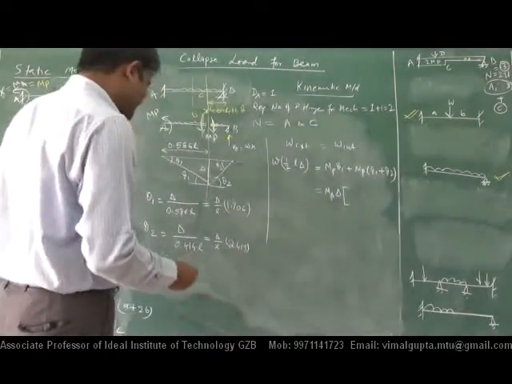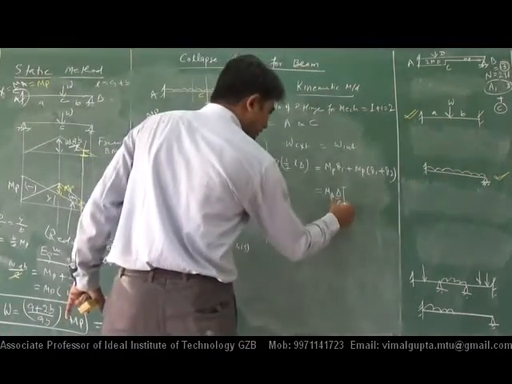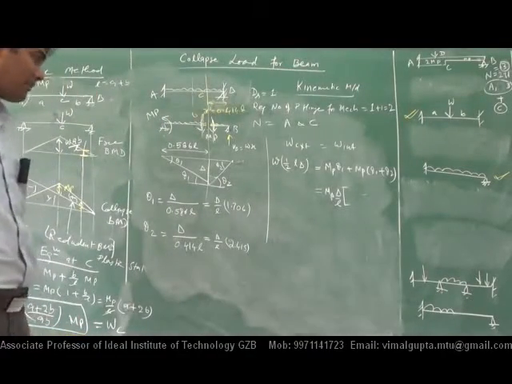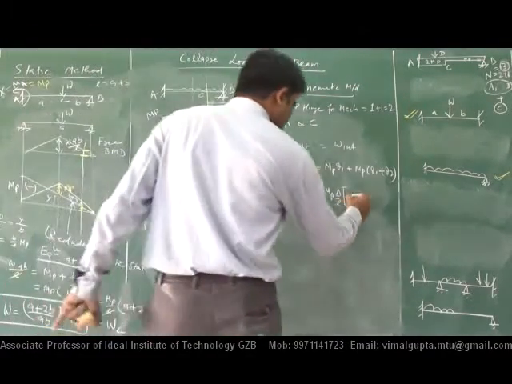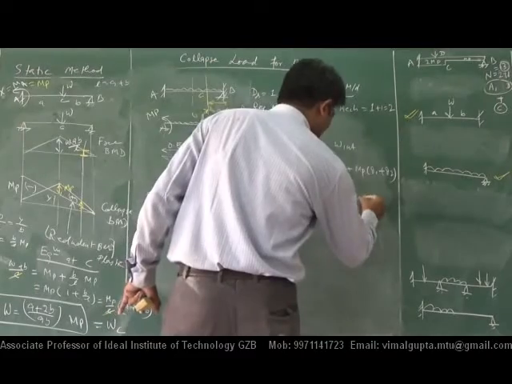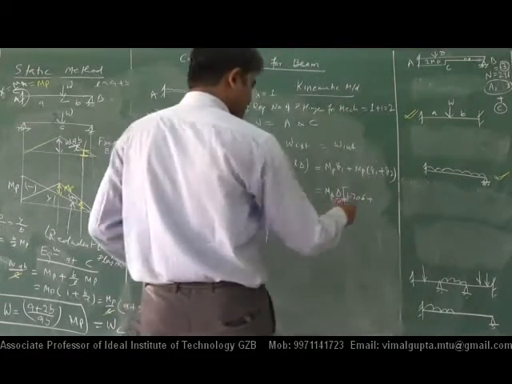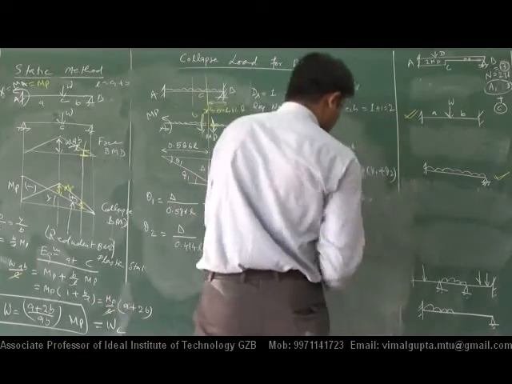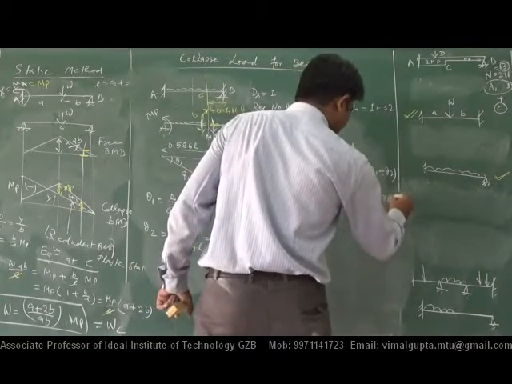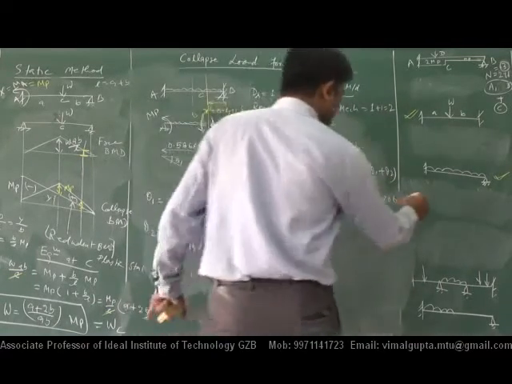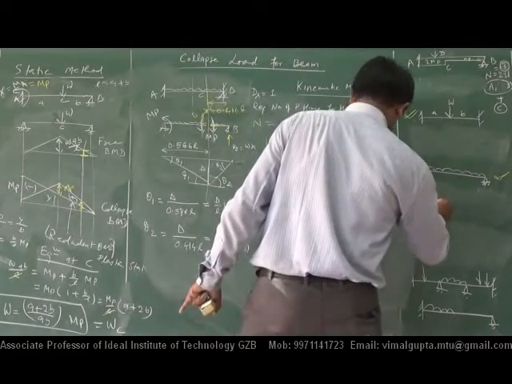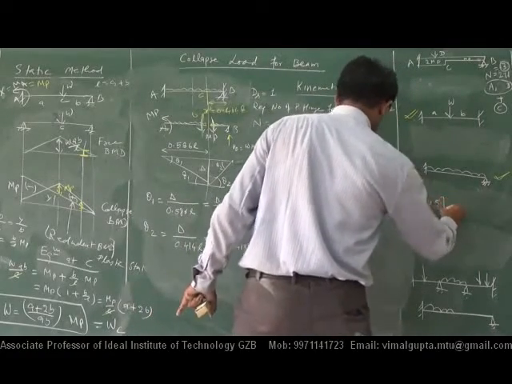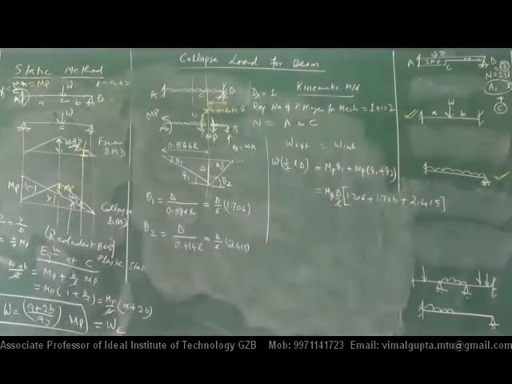We have to take common delta by L. Then it will have 1.706 plus this one, theta 1 again 1.706 plus this one 2.415. We will have this.